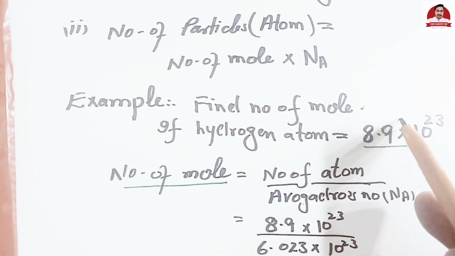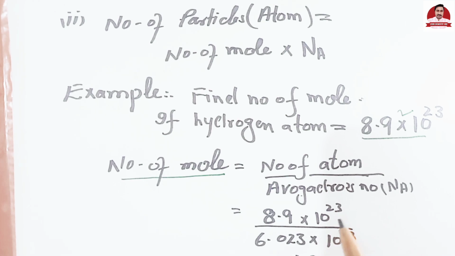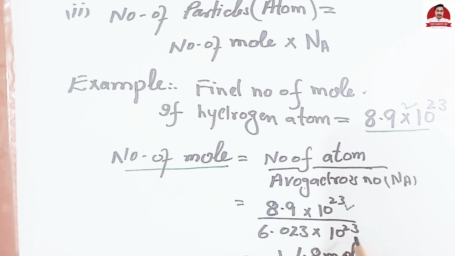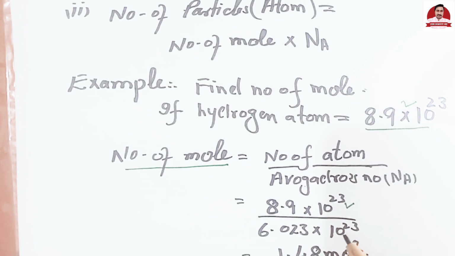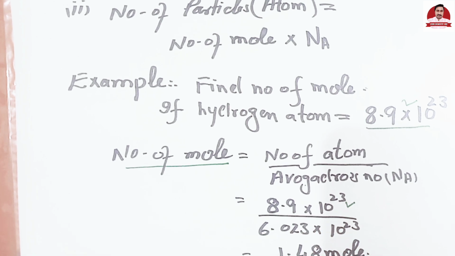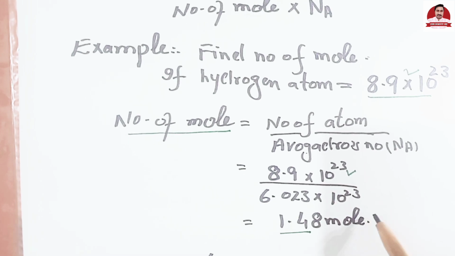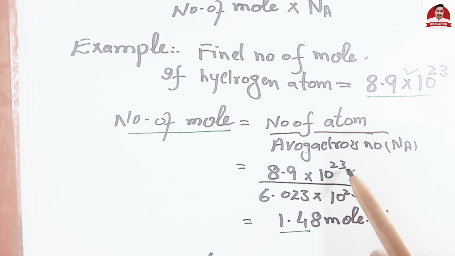We write the number of atoms here, and Avogadro's number has the value of 6.023 multiplied by 10 raised to the power 23. When we calculate these two mathematically, we get the answer 1.48 moles. So we can calculate the number of moles if we have the number of atoms.